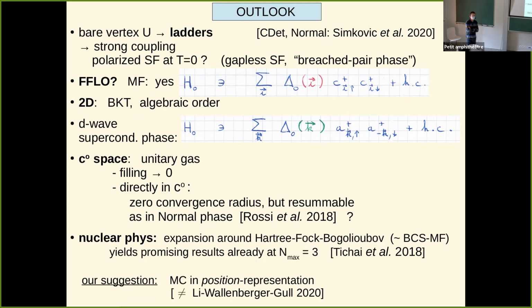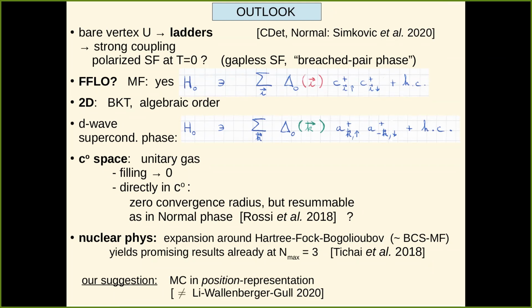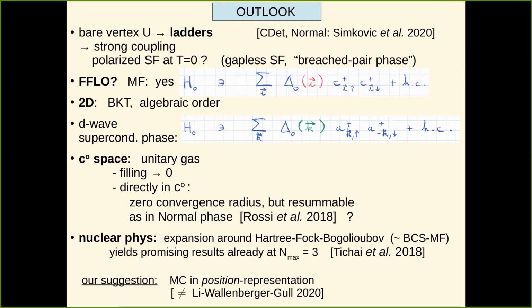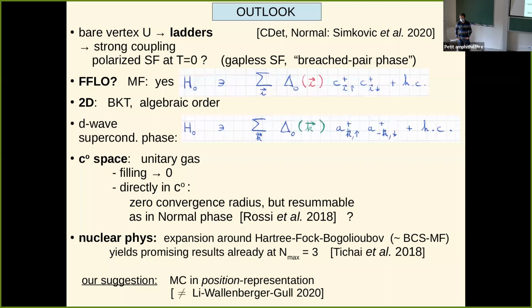Question from online people. Can I ask a question, please? Hello? Yes, go ahead. Why did you start from 3 dimensions? Isn't it more natural to start from 2 dimensions? Well, I think it's more natural in 3 dimensions because there we have long-range order and spontaneous symmetry breaking.